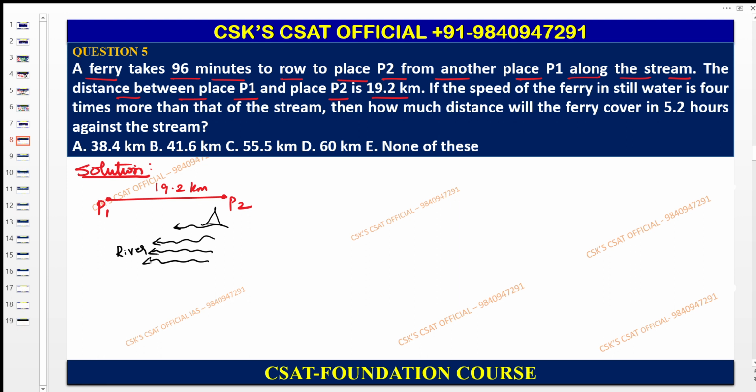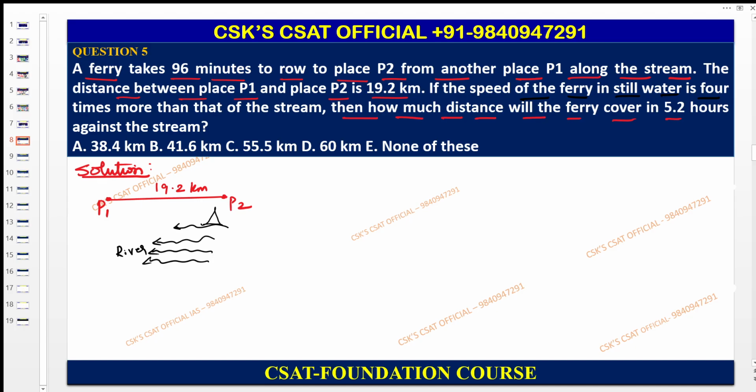The speed of the ferry in still water is 4 times more than that of the stream. You don't know the stream speed.